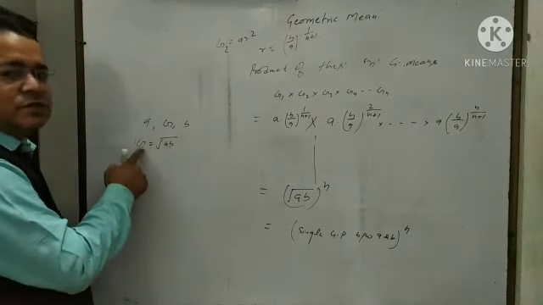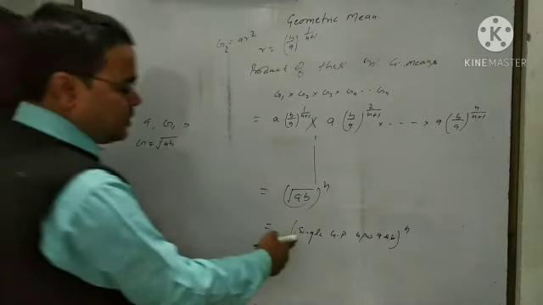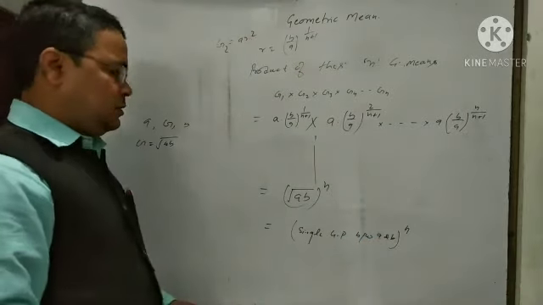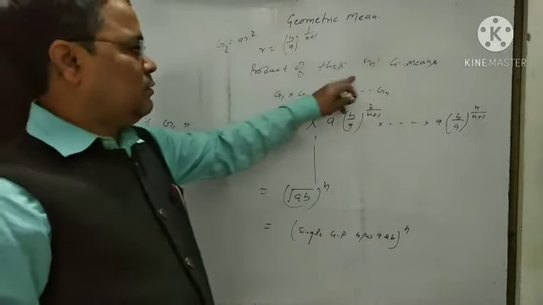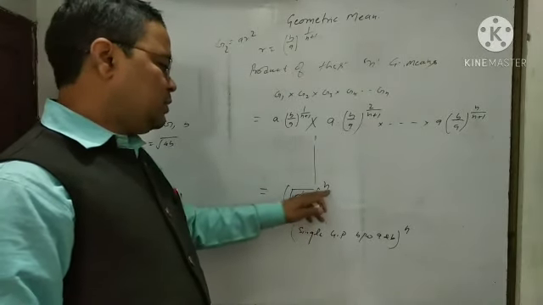So here what is G? G is the simple geometric mean between A and B. So therefore here I am writing the simple geometric mean between A and B raised to the power n. So in this way, the product of n geometric means is equal to under root AB whole raised to the power n.